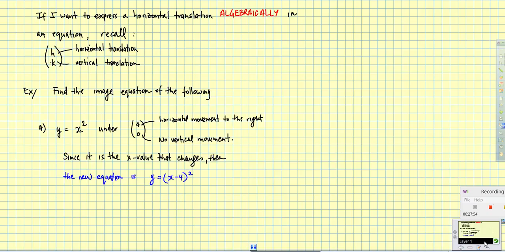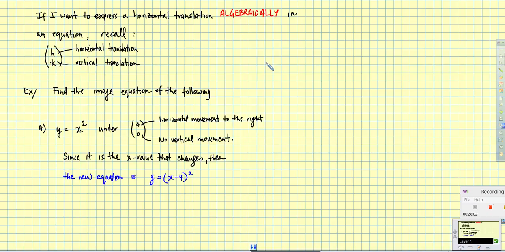Okay, so if I want to now express the horizontal translation algebraically, we're recalling what we did at the beginning. We said that when we look at the vector h, k, h was the horizontal translation, k was the vertical translation.